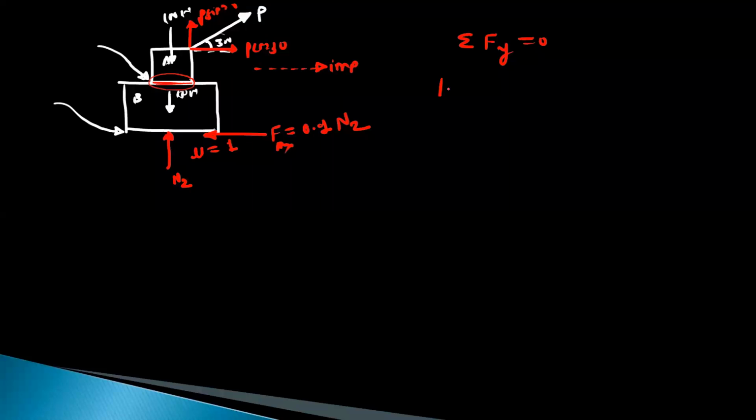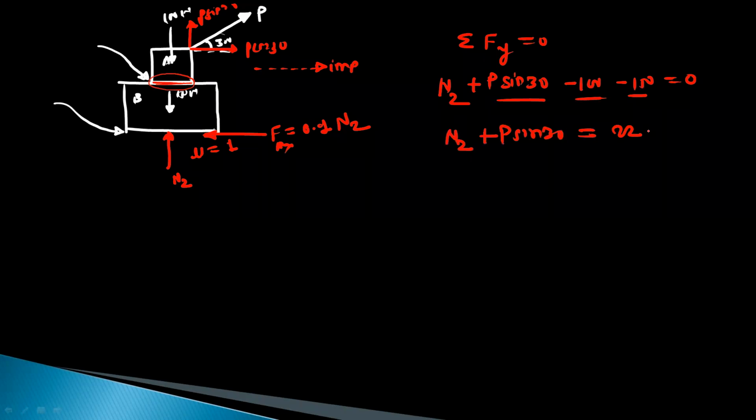So for summation Fy, we have the N2, then plus P sin 30 minus 100 minus 150. So we'll get the equation N2 plus P sin 30 is equal to 250. Okay, consider this is equation 3.